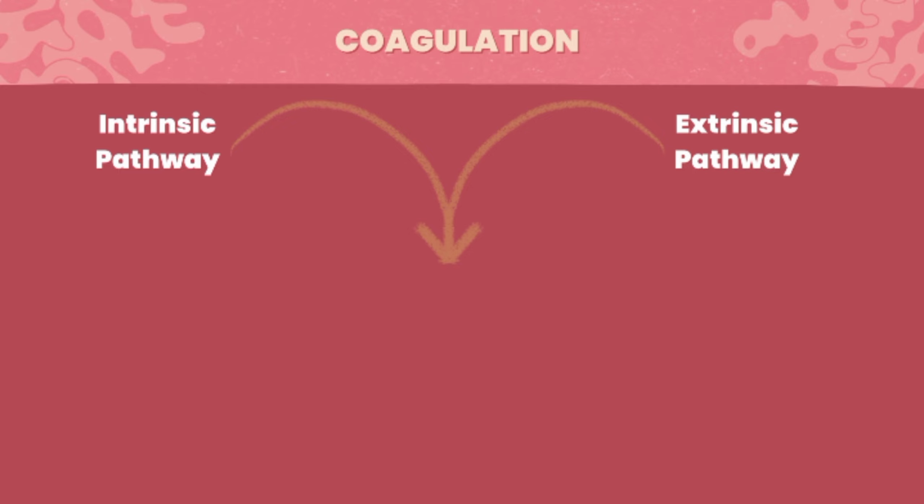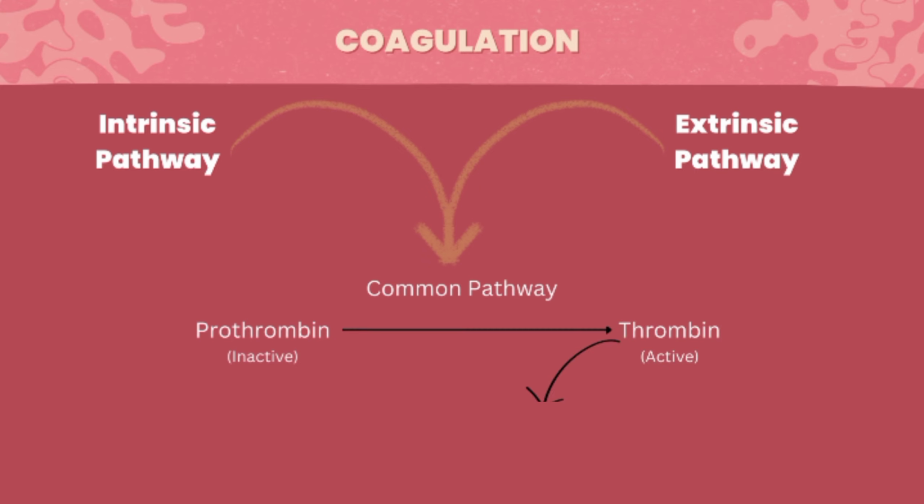Now, both of those pathways lead to a common pathway, and here is the important part. Well, it's not that important, but the key thing here, the main goal, is that in the common pathway there is an inactive enzyme called prothrombin that gets converted to the active enzyme thrombin, and once this thrombin is active, it converts fibrinogen, which is soluble and inactive, into fibrin, which is insoluble and active.